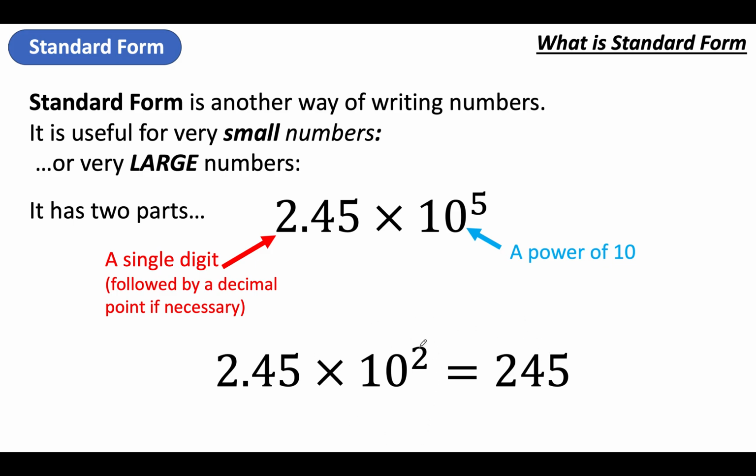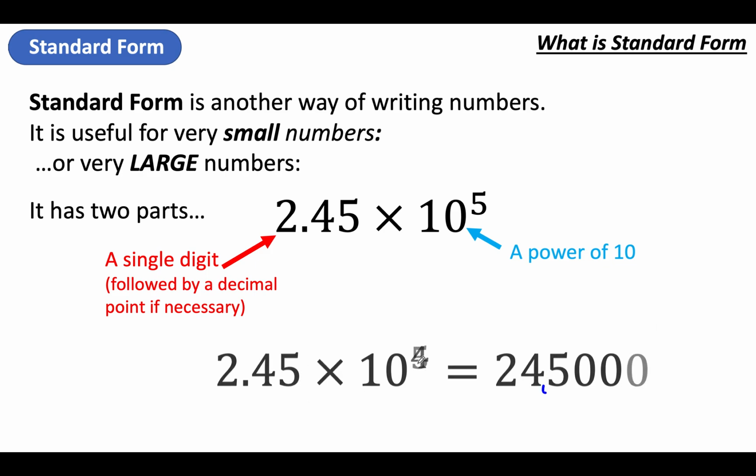Let's do it again. If I times it by 10 again, my power is going to be 1 bigger, and the right-hand side is now also times by 10. It's now 2,450. And I'll do it again. My power gets bigger by 1 again, and the right-hand side has also been times by 10, now 4 times: 24,500.